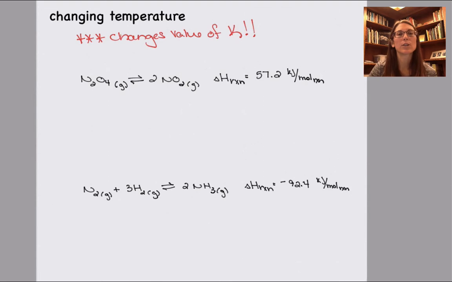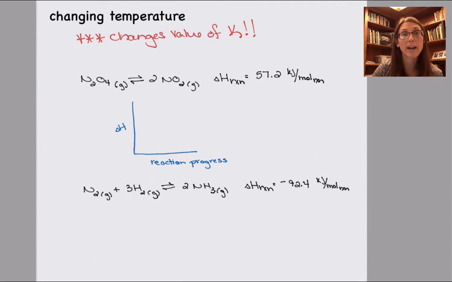Okay, so let's take a look at the reaction down below. So I've got dinitrogen tetroxide reacting to form nitrogen dioxide. This is an endothermic reaction. And if we're changing temperature, it makes sense that this relates to the change in enthalpy because we know that's the heat of a reaction. So let's draw a reaction coordinate diagram where the reaction progress is on the x-axis and the enthalpy or energy is on the y-axis.